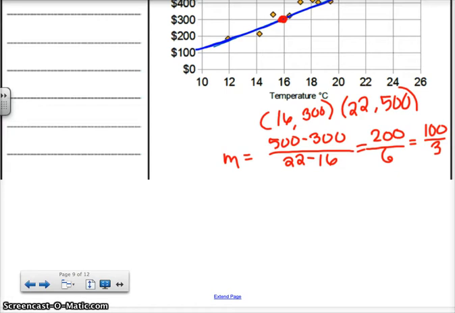Not a pretty slope. Now I pick a point. So I usually just go right to that first one. So 16, 300, m equals 100 thirds. Now point slope. Use point slope.